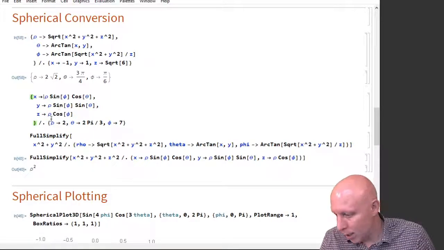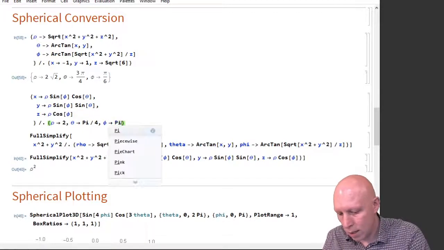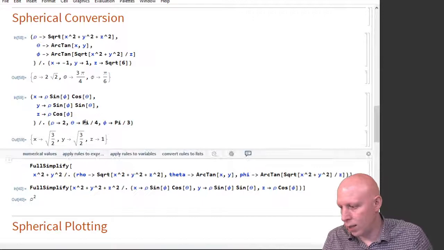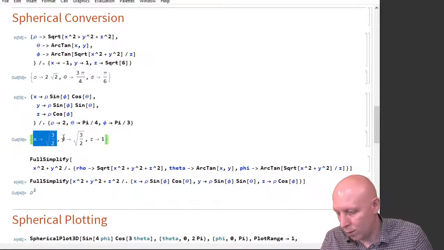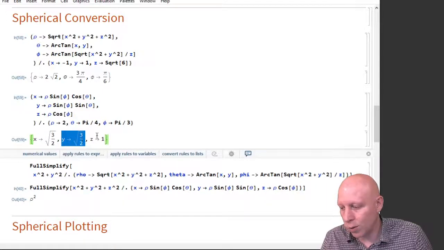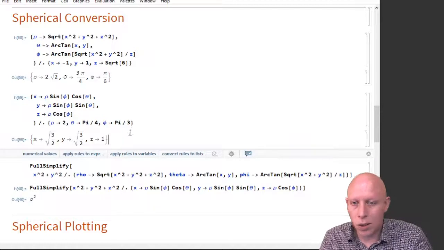And then similarly, if we plug in rho is equal to 2, theta is equal to pi over 4, and phi is equal to pi over 3, then this is going to give us that x is root 3 over root 2, y is equal to root 3 over root 2, and z is equal to 1. So that gives us the x, y, and z coordinates for that.